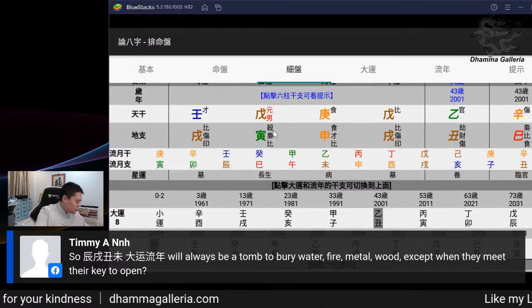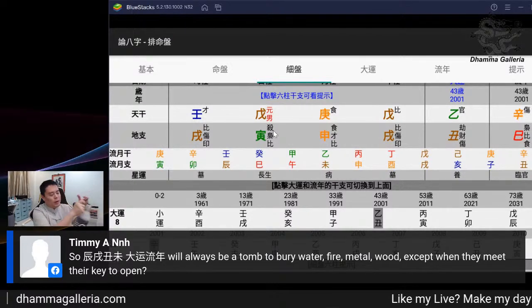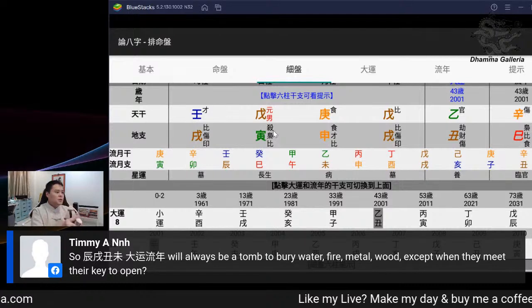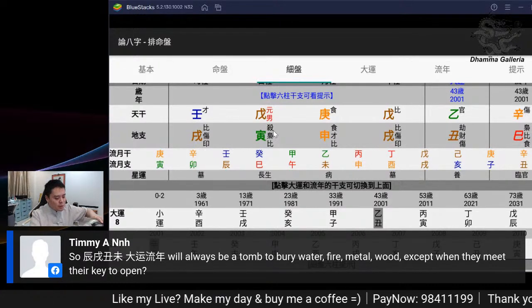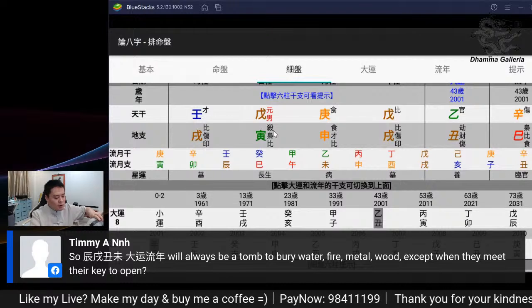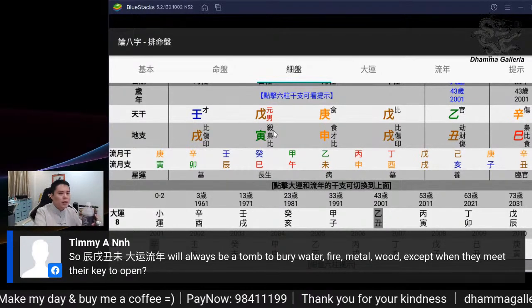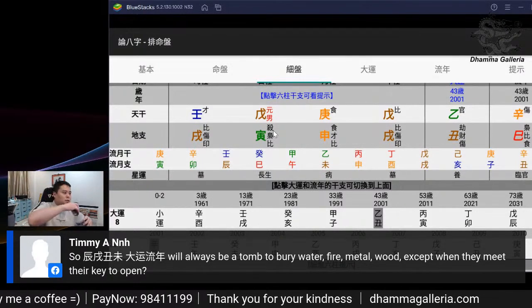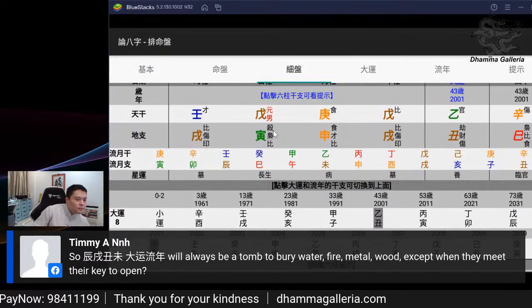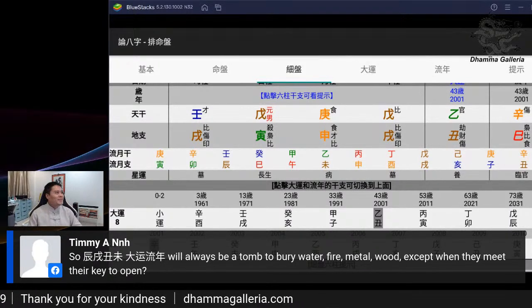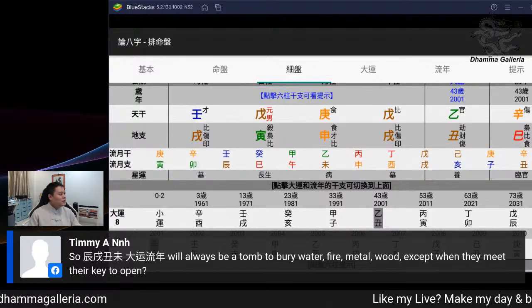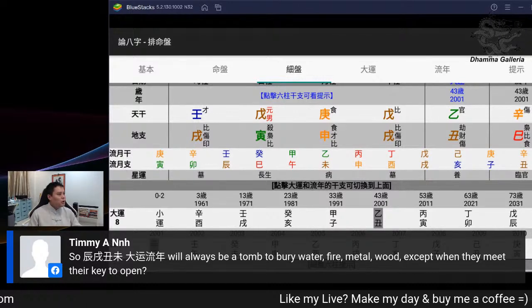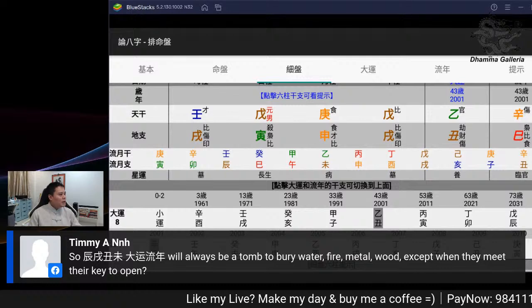I believe Timmy is able to analyze this because Timmy has great potential in learning BaZi. In the past few live videos, he has been able to grasp the concepts quite well. So I will let him analyze this birth chart. Is this a strong or weak birth chart for Michael Jackson? Let me try to find his photo as you answer my question.